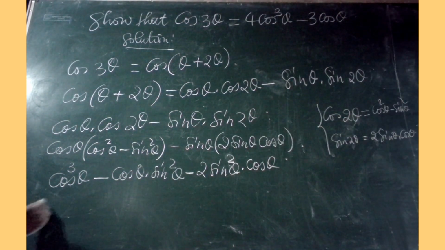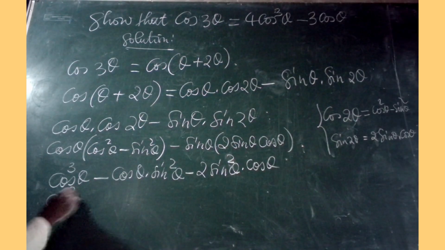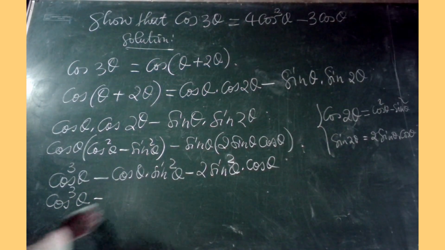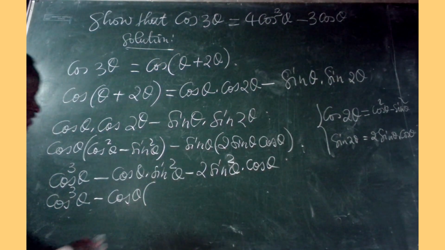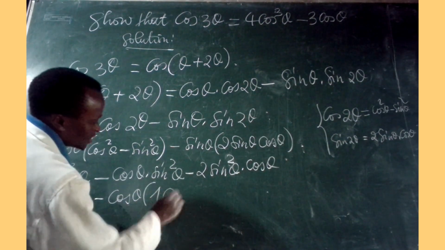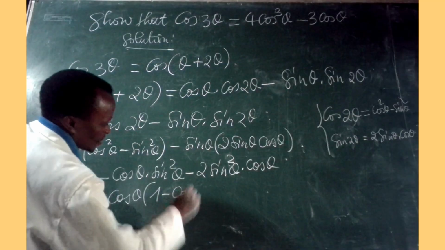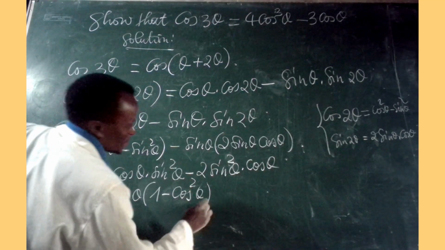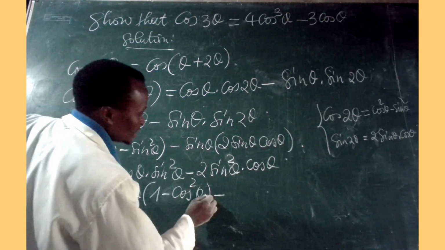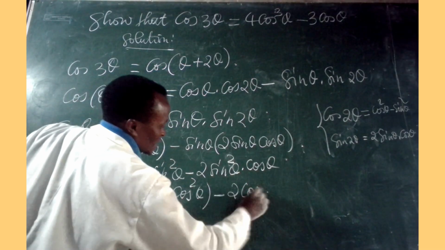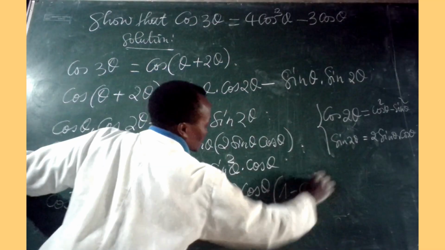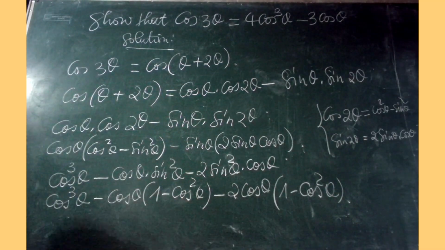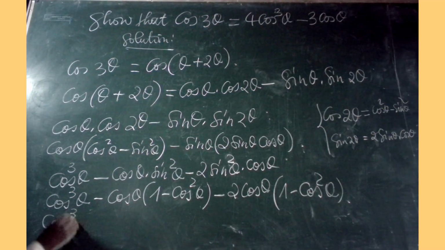Now we have cosine power 3 theta minus cosine theta times sine square theta, which is equal to 1 minus cosine square theta, minus also 2 cosine theta times 1 minus cosine square theta.